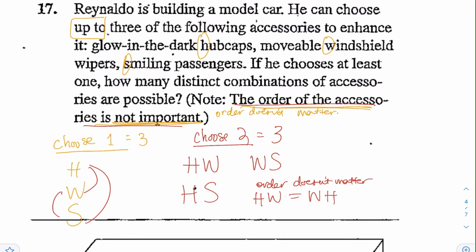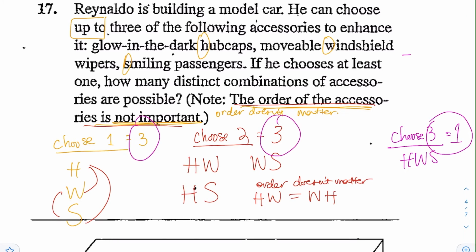But here, because order doesn't matter, you still have the same 2 accessories. You only have 3 possibilities. And then finally, if you choose 3, there's only one option, HWS. So if you add everything together, you have 3 plus 3 plus 1, or there are 7 total unique combinations in which order does not matter.